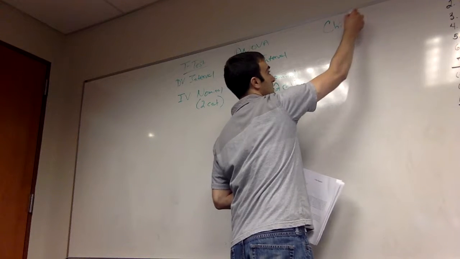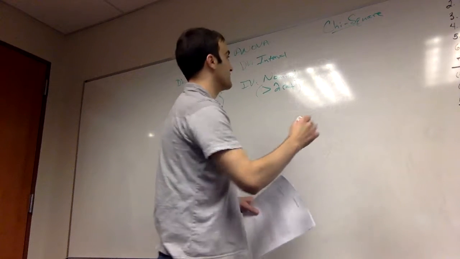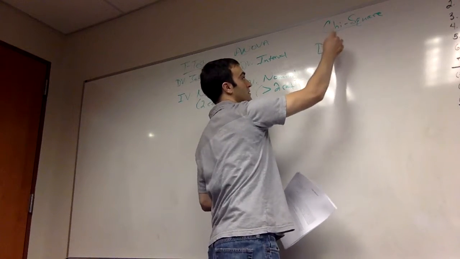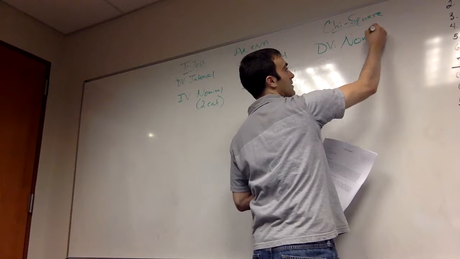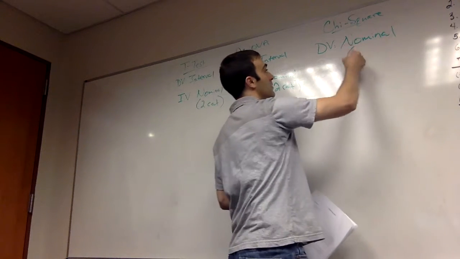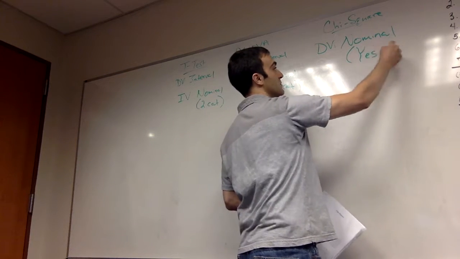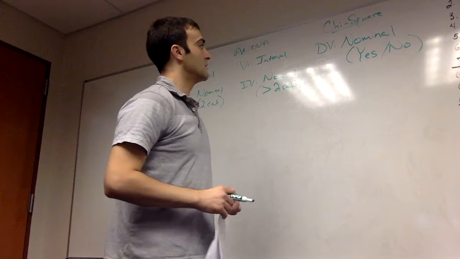Chi-square changes this up. Your dependent variable for a chi-square will be measured at the nominal level. So, for example, if your dependent variable was some sort of yes, no. Did you vote or not?